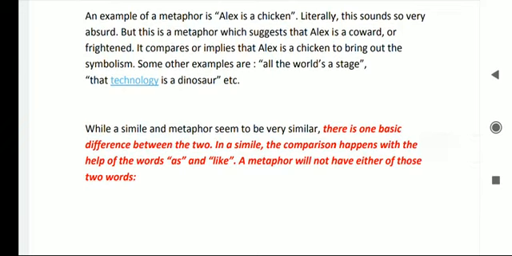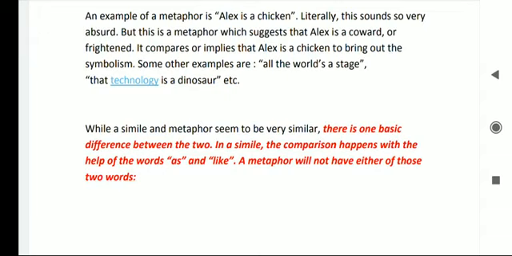Dear students, while a simile and metaphor seem to be very similar, there is one basic difference between the two.